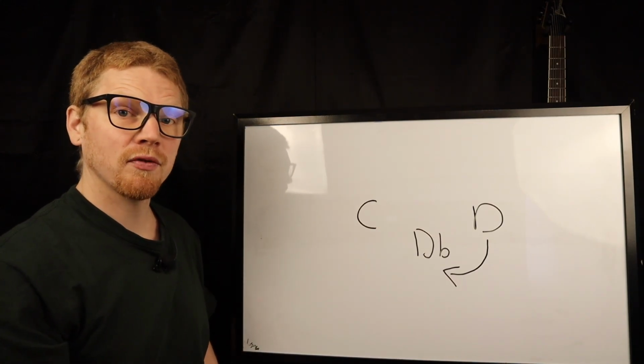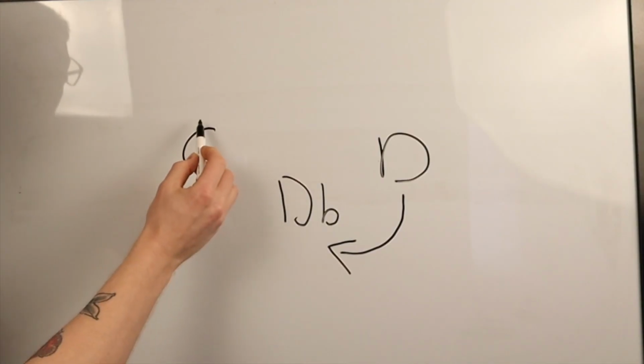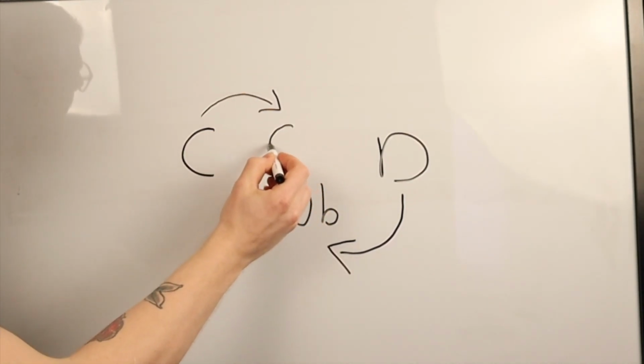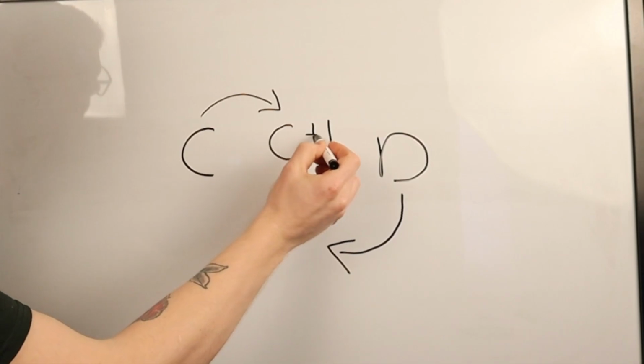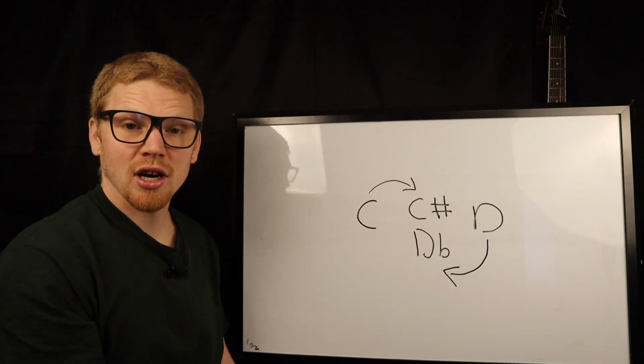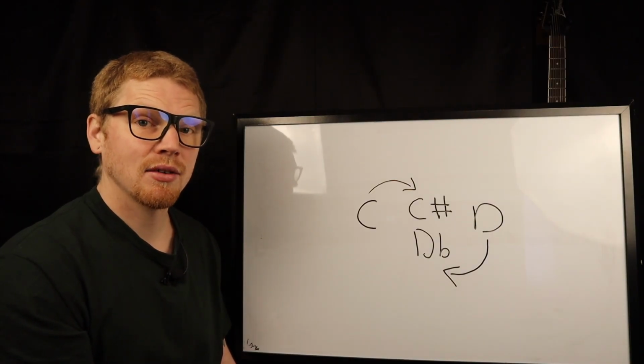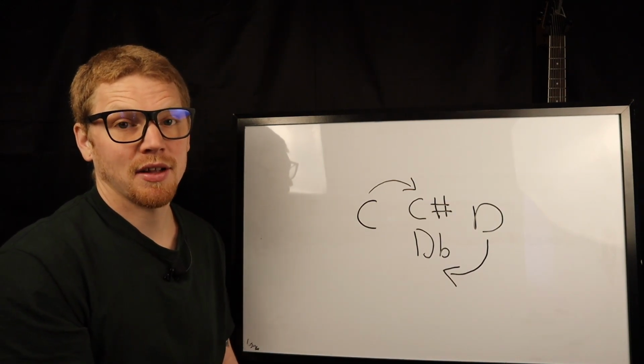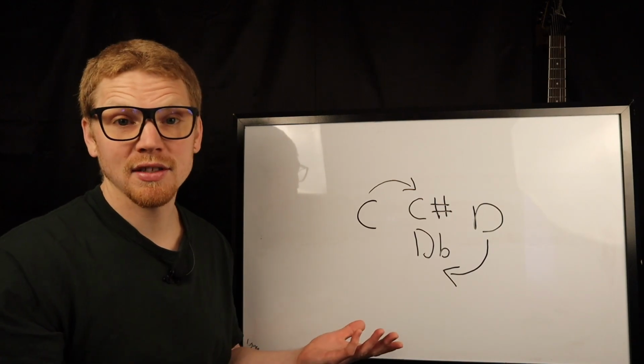But if we're coming from the note C, we need to go up a 1/2 step, so it would be C sharp. C sharp and D flat are going to sound the exact same. They're going to play the exact same on the guitar. The only difference is the name.